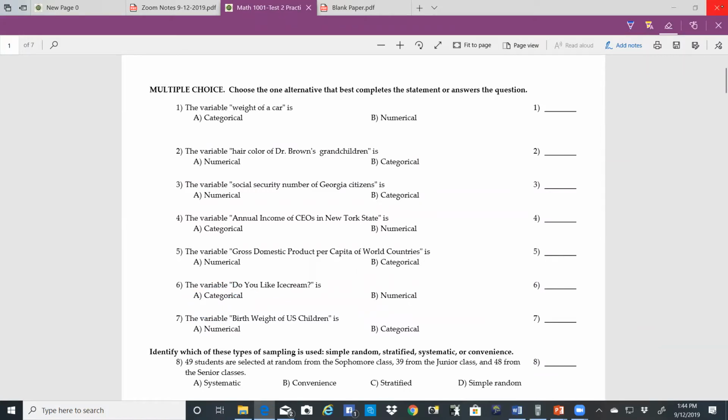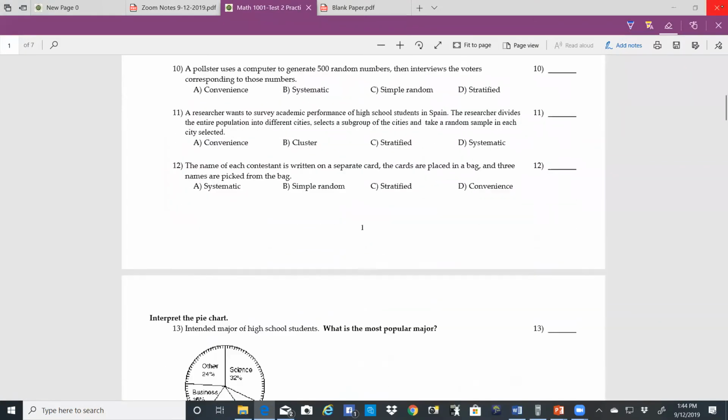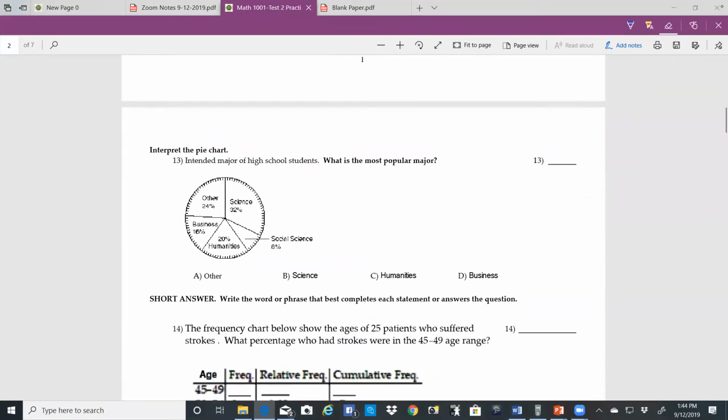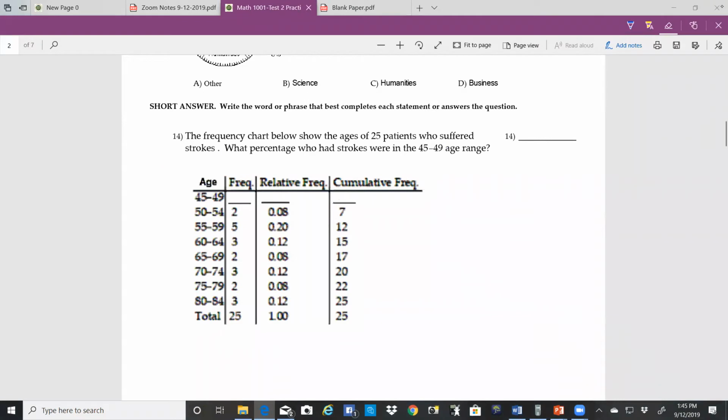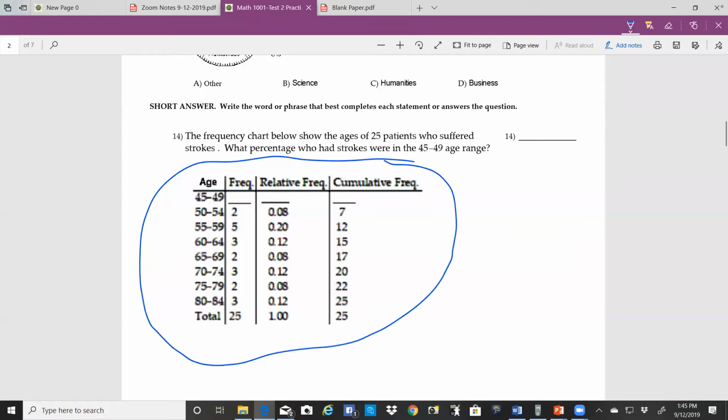I'm not going to go over this whole thing, but you need to be able to interpret things like pie charts. You need to be able to interpret frequency charts. For instance, here is a medical table where you're breaking up people into age groups.